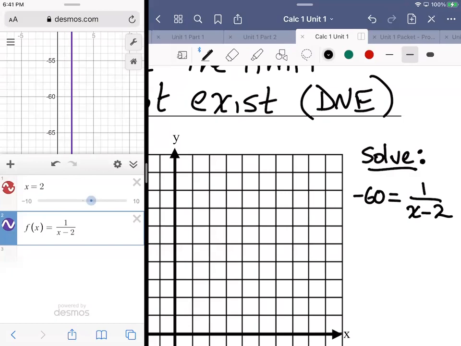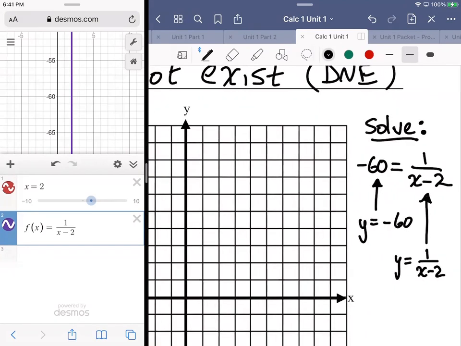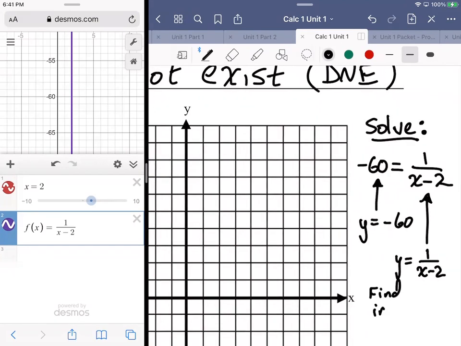I could cross multiply and solve, but what I can do is I could let this be equal to one equation. I would say y equals negative 60. And I would let this be equal to another equation, y equals 1 over x minus 2, and find the intersection. So that's what I would do here.